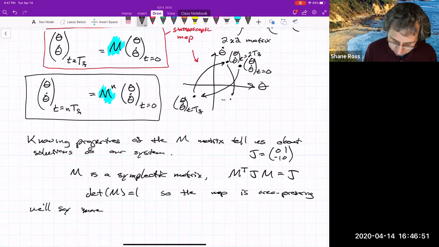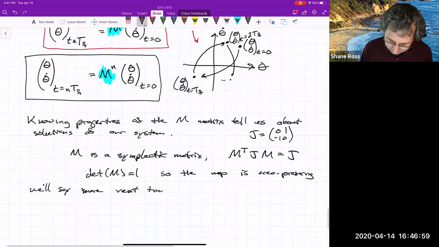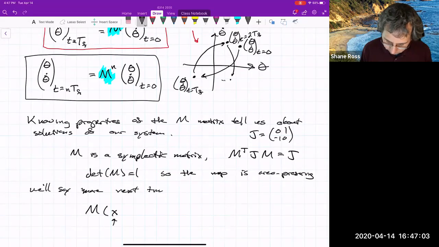So we'll say more next time, basically about how M as a matrix is a function of the frequency and the amplitude of forcing.